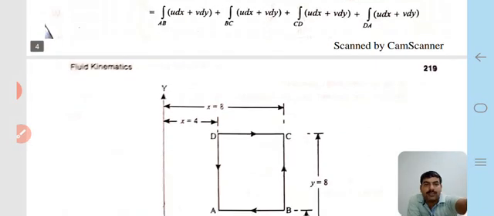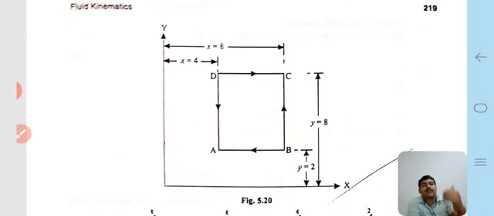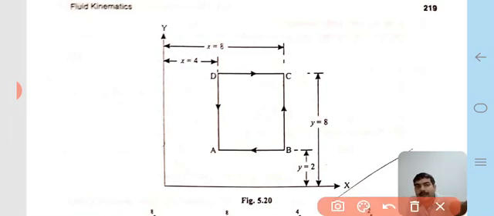Now you see in the diagram we draw the closed curve, the circulation curve, that is the curve ABCD. Point A is y is equal to 2 and x is equal to 4. The second point is x is equal to 8 and y is equal to 8, as you see in the diagram, this point and this point.